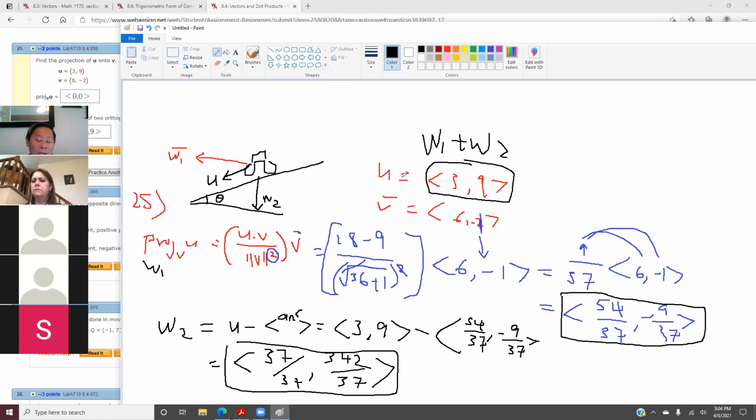So what is going on here is, if you're talking about this car, they will split this car into two different vectors. W1 vector is the vector that stops the car from rolling downwards. W2 is the vector, the force that pulls down due to gravity.